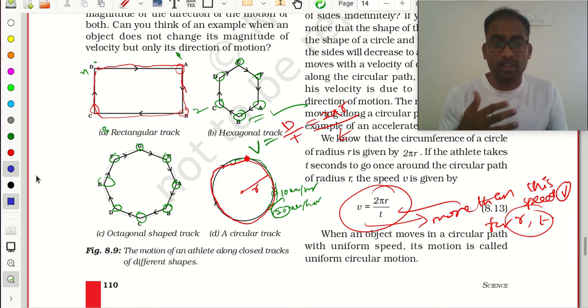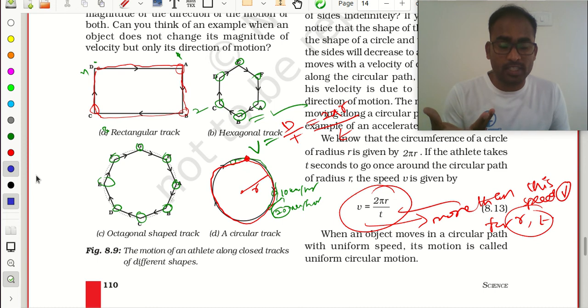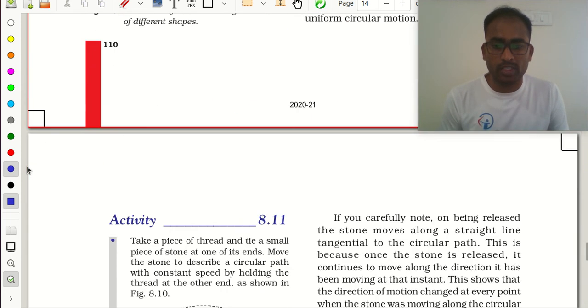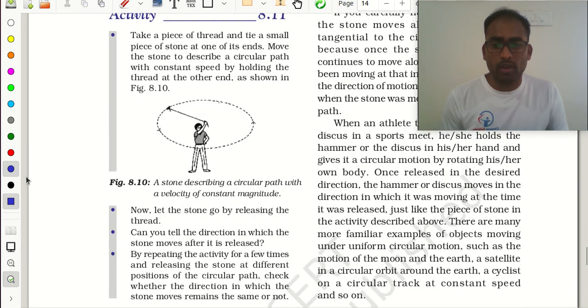If I run more than that speed on a particular track for that given radius and time, what happens? You need to think about yourself. Have you observed this?